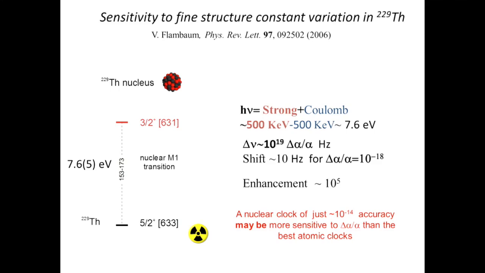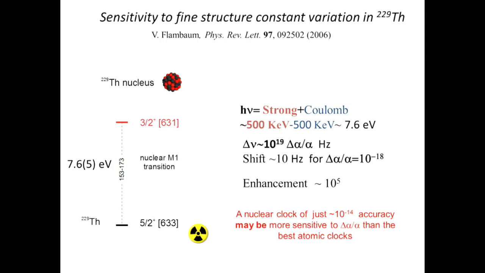Basically, the nuclear model suggests that both Strong and Coulomb contributions to the energy of the isomer are on the order of several hundred keV, but they have opposite sign, so that they add up to only 7.6 eV or so. And so basically the enhancement factor is roughly the ratio of these two numbers: the Coulomb contribution or Strong contribution divided by the energy separation of the two levels.